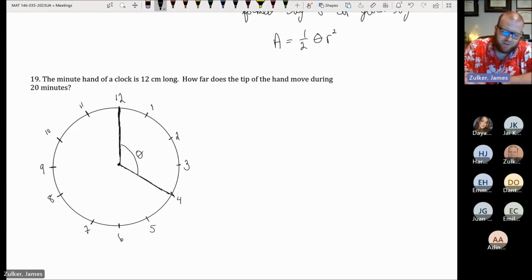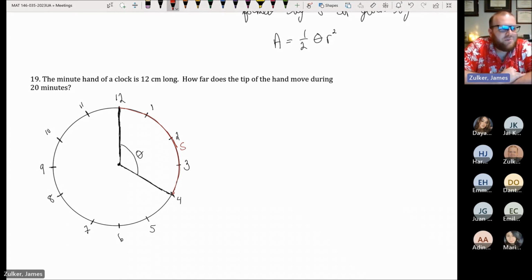That's the angle that the minute hand's going to go through, and that is the distance that it covers. That is what we're looking for.